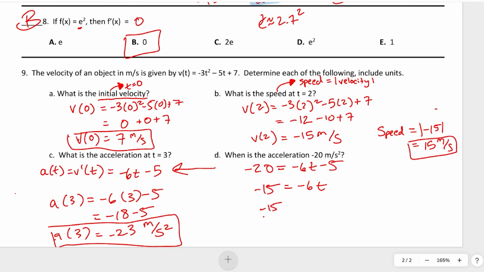So we got negative 15 over negative 6. We can reduce that, right? Both of those are divisible by 3. So it's going to be 5/3. So at 5/3, or approximately 1.6, or we could call it 1.6 repeating, seconds.